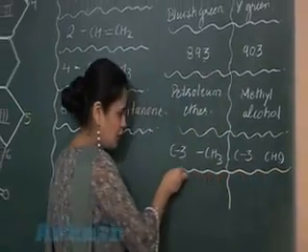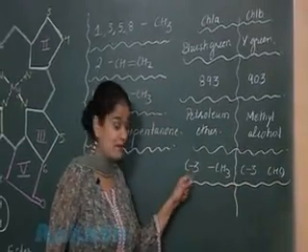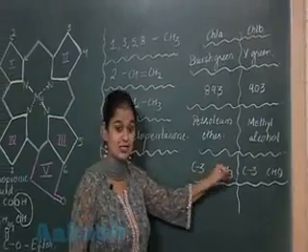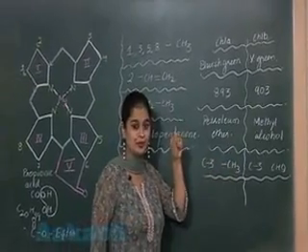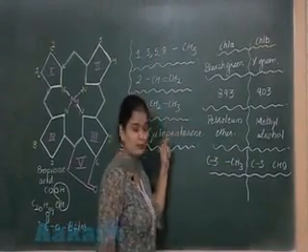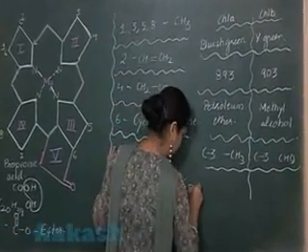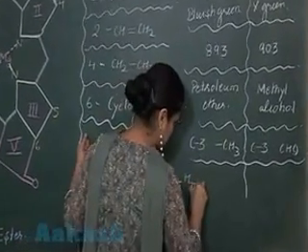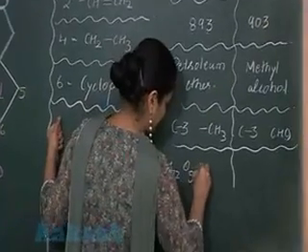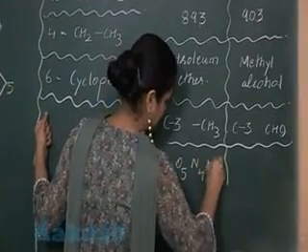You're getting this point? Here the methyl group is present and there the CHO group is present. Now the empirical formula of chlorophyll A is C55H72O5N4Mg.